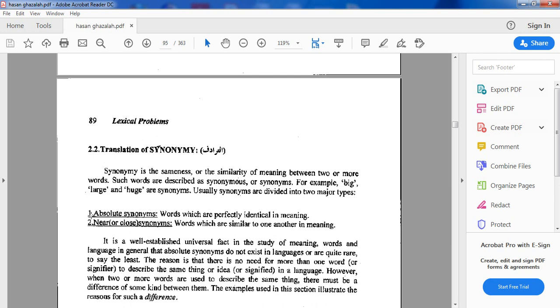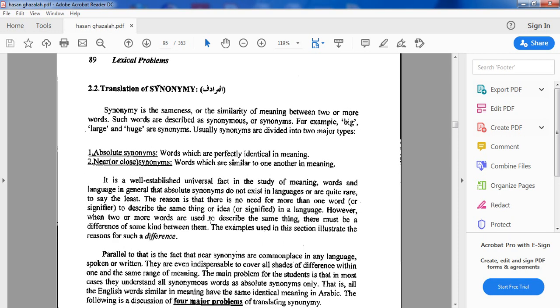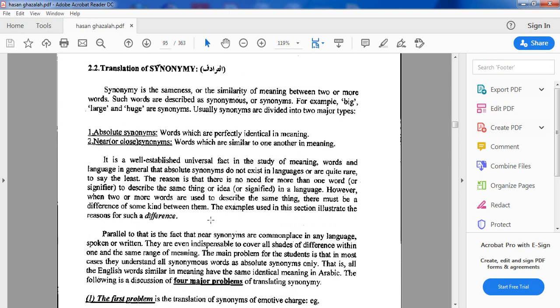We would say that we have two types of synonyms. We have absolute synonyms, words which are perfectly identical in meaning, and near or close synonyms. Yes, I agree with this. There's some sort of similarity between the meanings of those words. And actually, this is a problem in translation, as we will see now.